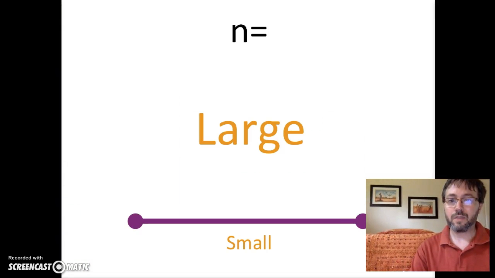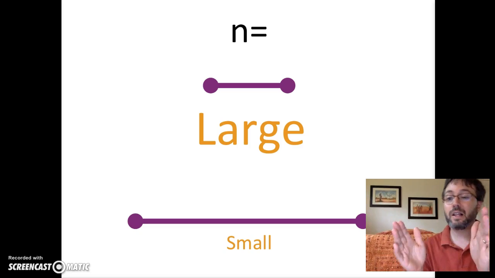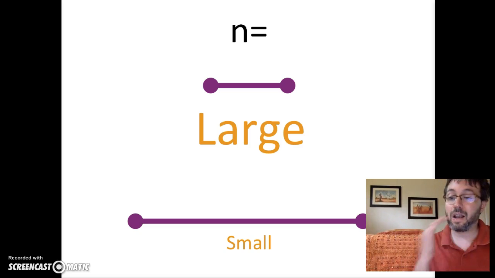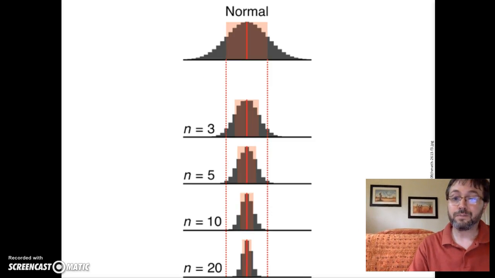Conversely, if we have a very, very large sample, our confidence interval is likely to be very tight, very narrow. We're likely to have very little variance around our estimate of central tendency. This is a rule of thumb, and it certainly has many exceptions, but it's a good place to start as we think about the relationship between sample size and confidence intervals.